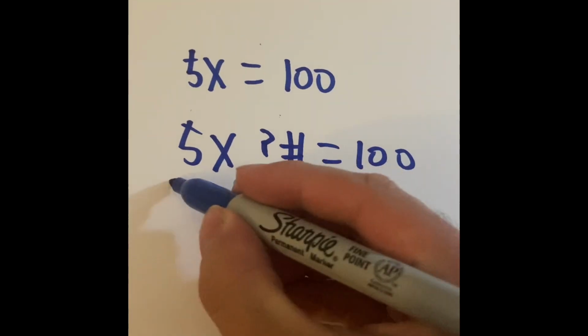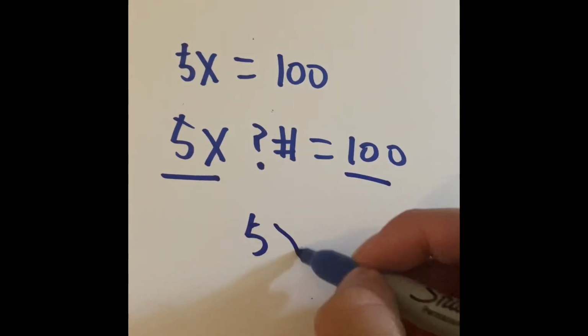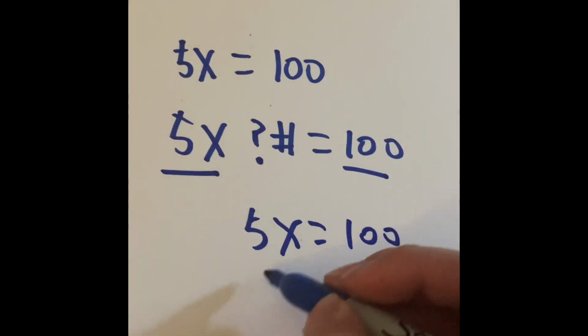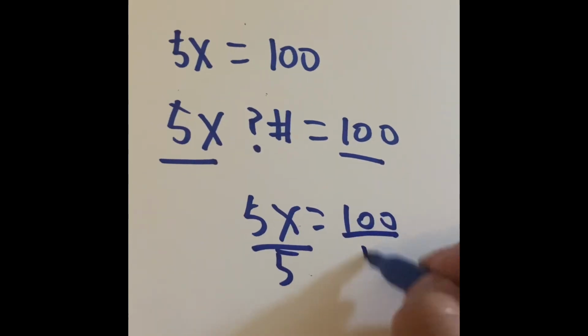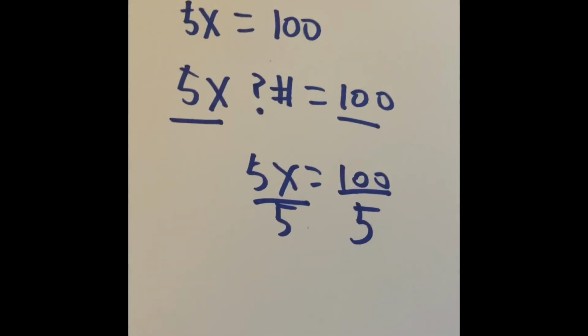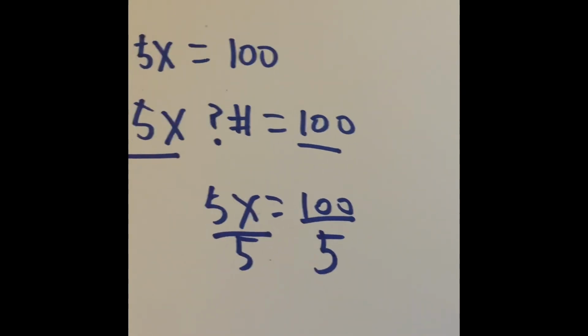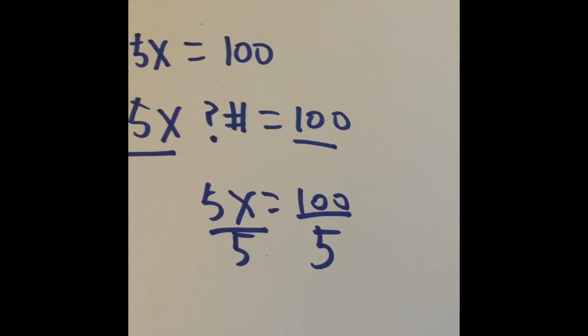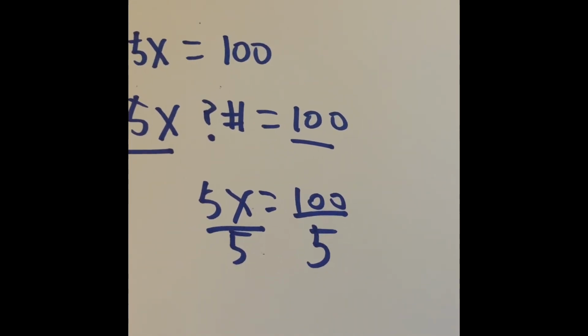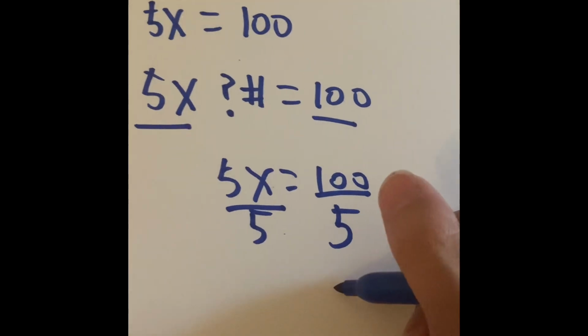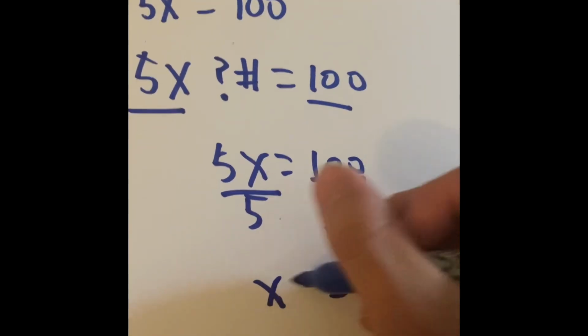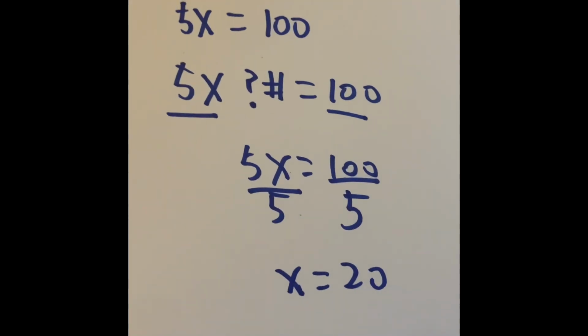So we divide both sides by 5 to get x alone, because if we multiply, we have to divide. If we add, we have to subtract, and the other way around. So 100 divided by 5 is 20. So x is going to equal 20 in this problem.